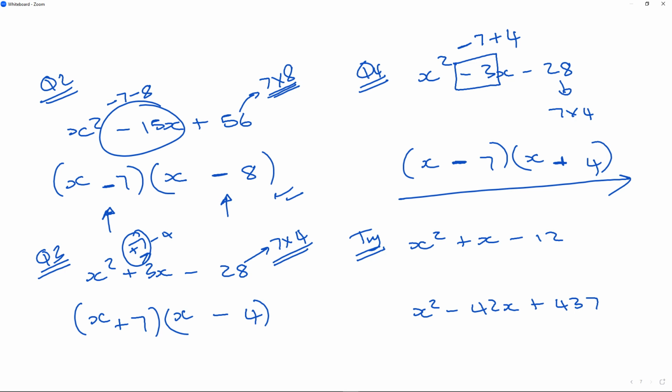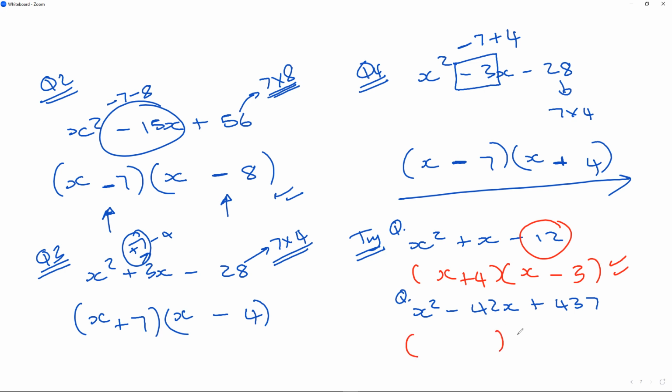Keep a calculator handy for the last one if you need. Alright, cool. I think that's all good. So let's have a look at the first one. The first one, we got 12. So we're going to go 4 and 3. Open up the bracket. 4, 3, plus 4, minus 3, x.